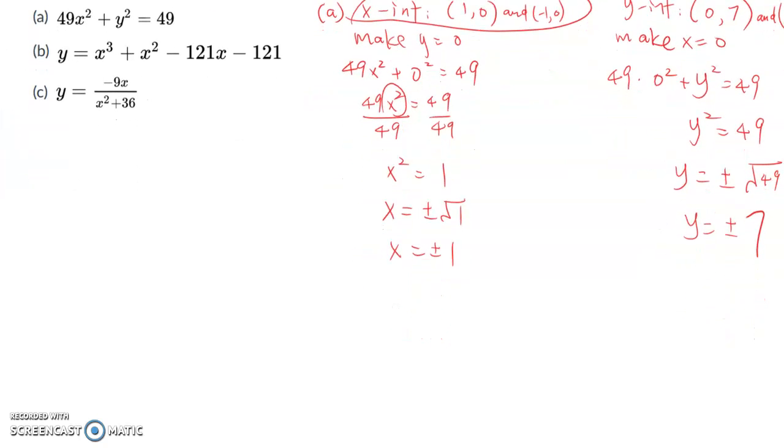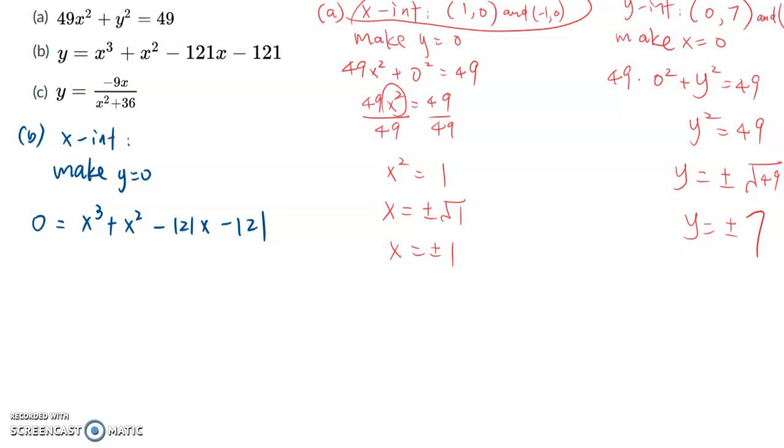Okay, similar case. If you want to find the X-intercept, you will have to make Y equal to 0. So that means I have 0 equals x cubed plus x squared minus 121x minus 121.